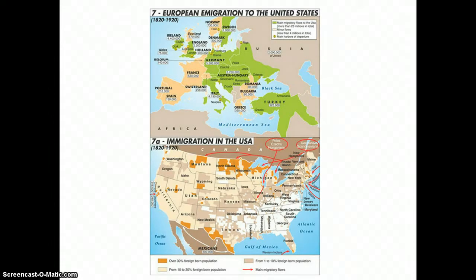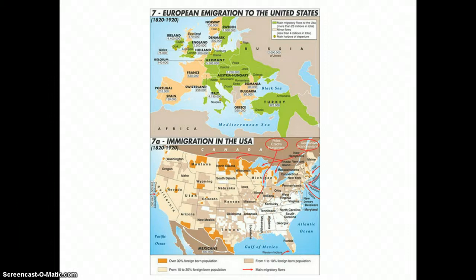In class, I talked about the difference between emigration with an E on the top and immigration with an I on the bottom. People emigrate from Germany, Austria-Hungary, Italy, Turkey, France, England, Holland, Ireland, etc. And they immigrate, with an I, to the United States. Of course, they didn't immigrate only to the United States.